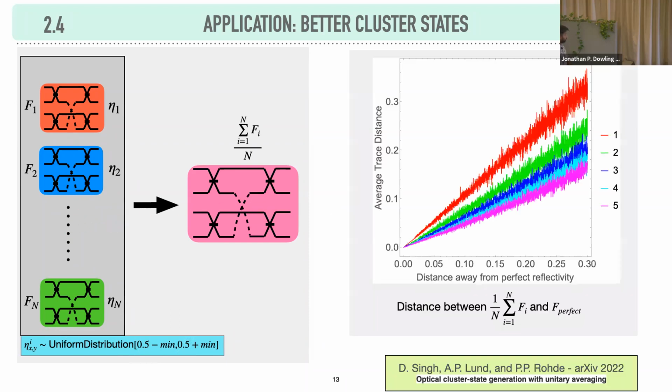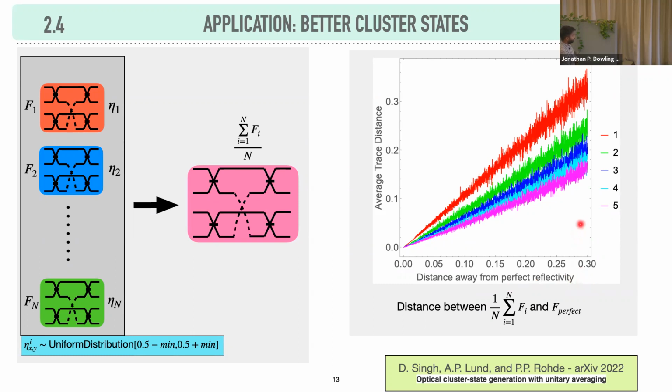To show that, we again plot the trace distance between the averaged fusion gate and the perfect fusion gate as a function of the distance away from perfect reflectivity. On the x-axis, your error is increasing, or you are going away from the perfect behavior of the fusion gate.